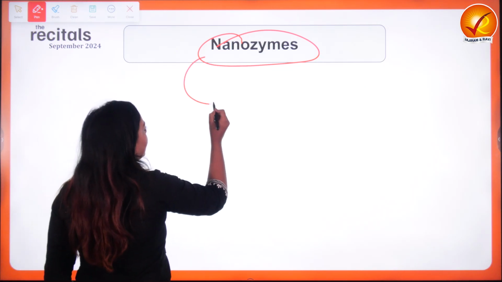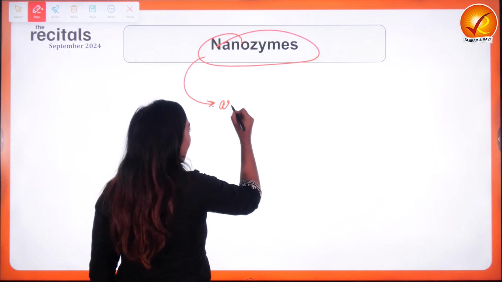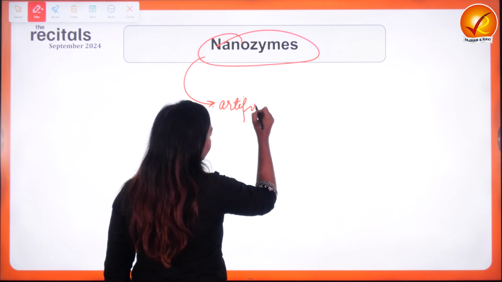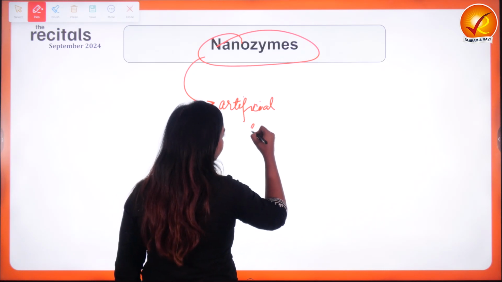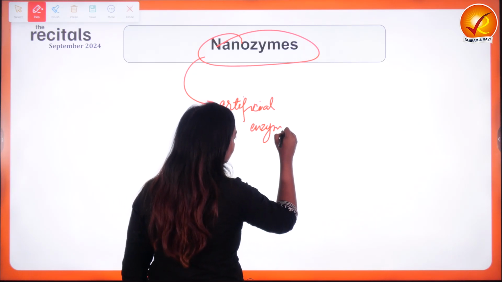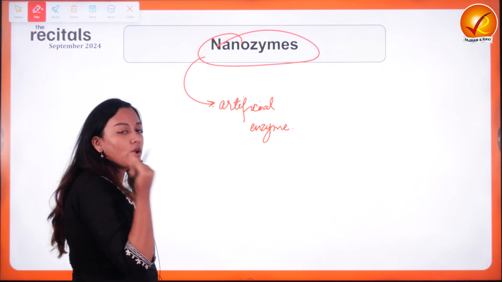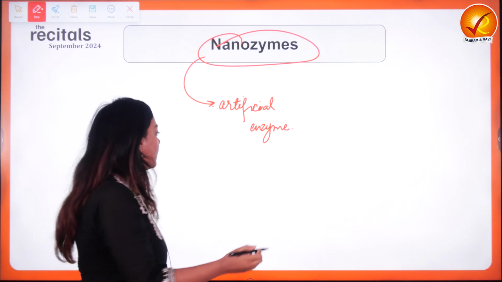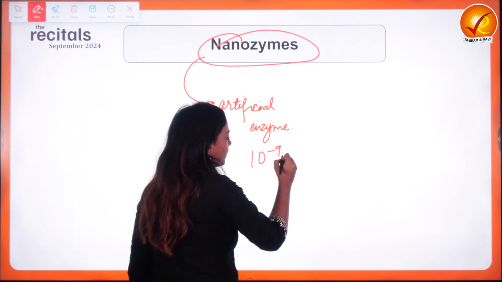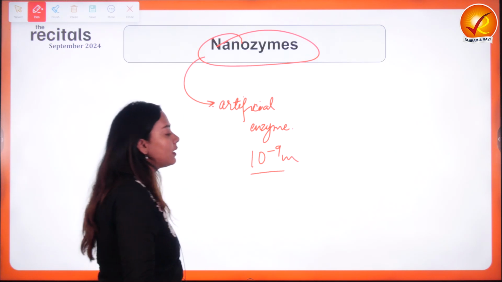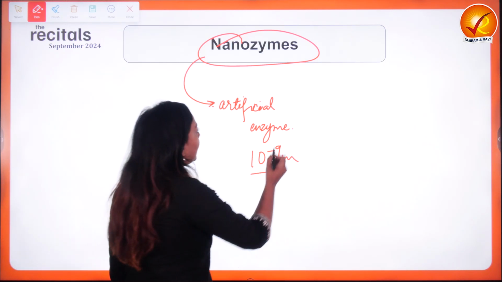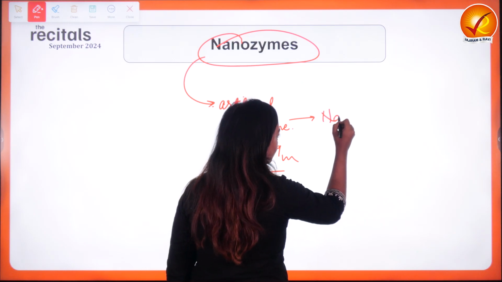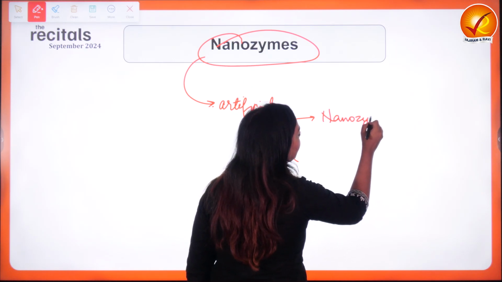Now we have created an artificial enzyme which is very small in size, nano-sized, that is of the order of 10 raised to power minus 9 meter. They are known as nanozymes. Please remember, they are created artificially.